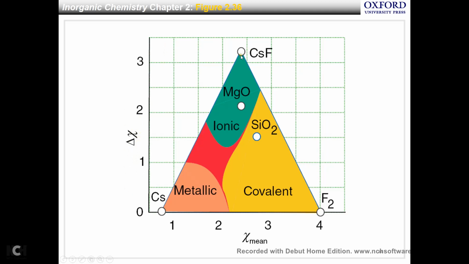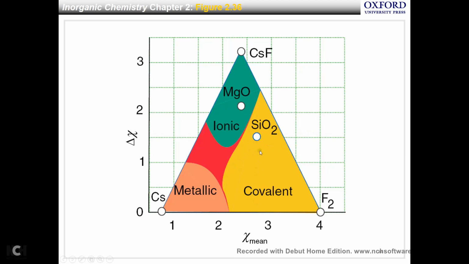Now let's look at this example, cesium fluoride. I think fluorine is 4.0, cesium is roughly 0.5, the difference is 3.5, so a huge difference. When the difference is large, you have an ionic bond. So over here you have an ionic bond. Between silicon and oxygen, the difference is small, so I think we have a covalent bond here.